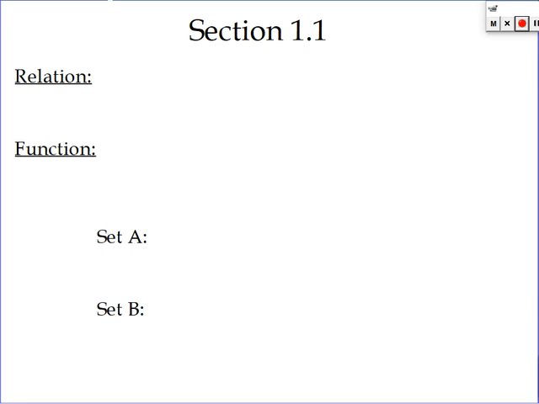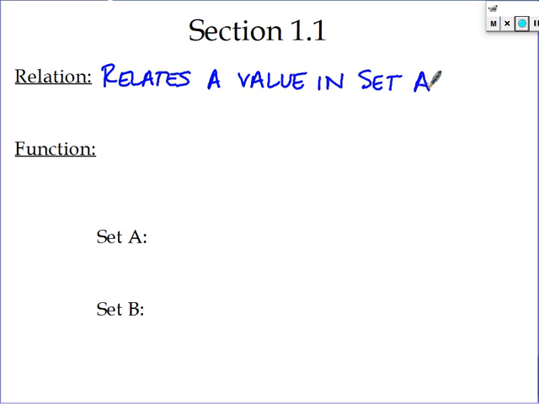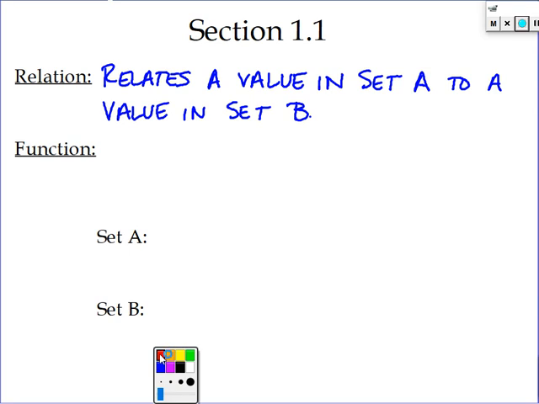A relation is very simple: anything that relates a value in set A to a value in set B. There's no rules there, there's no guidelines, it just relates a value in set A to a value in set B. Everything you've done in math ever has been a relation, because like I said, it's very broad, there's no rules or anything like that. But functions get a little bit more specific.